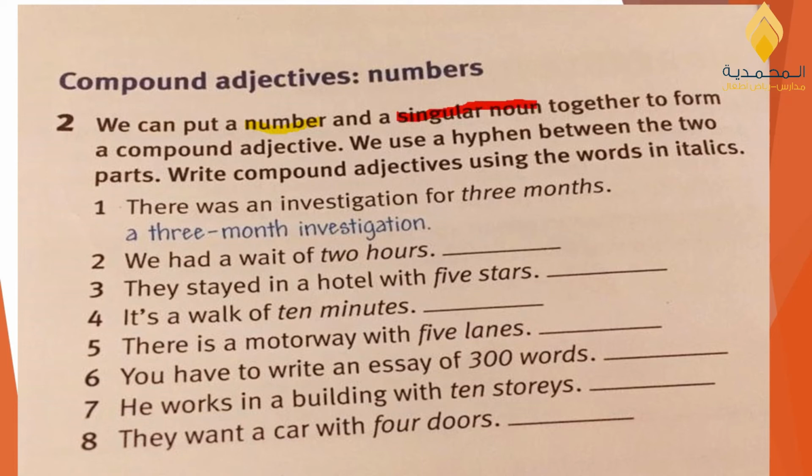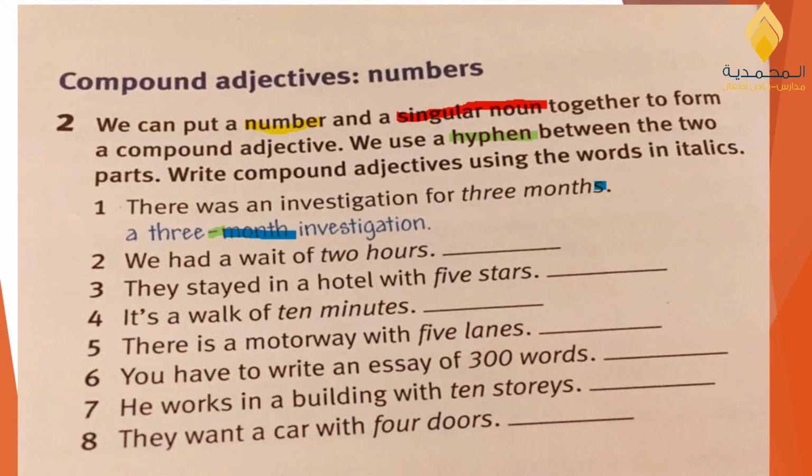So remember that even if you are using a number that is 2, 3, 4, 5, 50, okay, you have to use a singular noun. That means the noun without an S. And we also must use a hyphen, and this is the hyphen to separate both words.